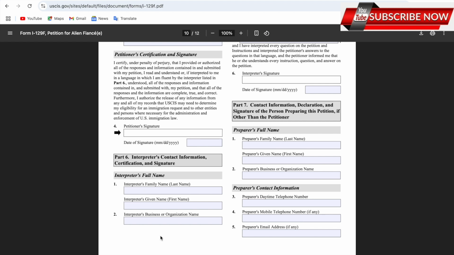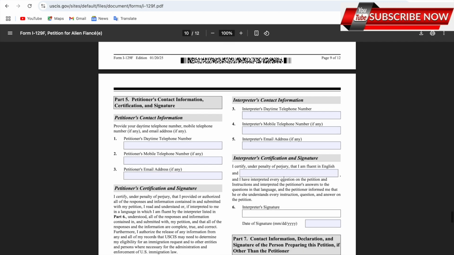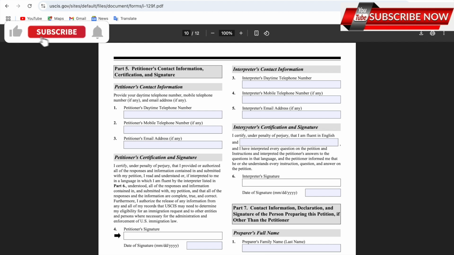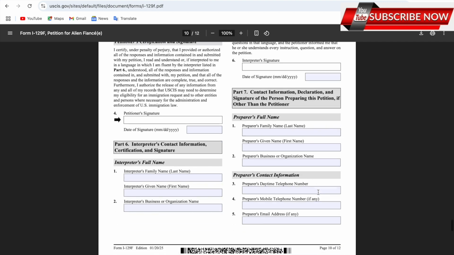So the interpreter needs to put in their information, their phone number and all that. The interpreter's certification and signature, you put it there, the certification and the signature, and you put in the date. But if you didn't need an interpreter, you just leave it alone.